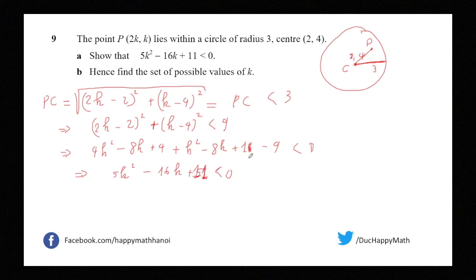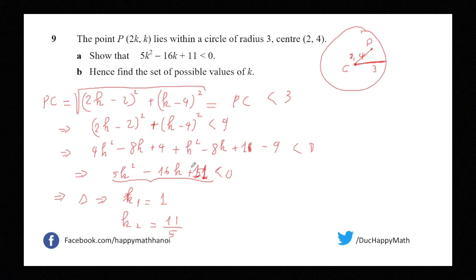So this is the quadratic inequality. First you have to find the values of k for which this function equals 0. When you use the discriminant you will find that k1 equals 1 and k2 equals 11 over 5.